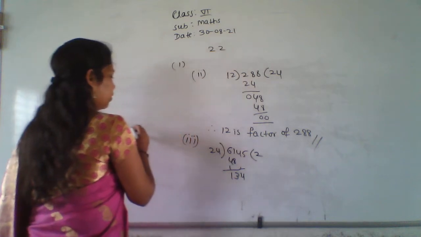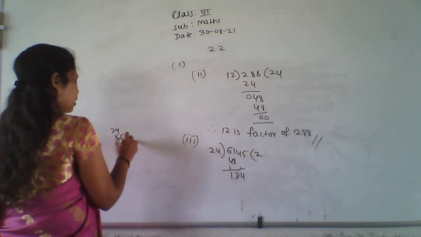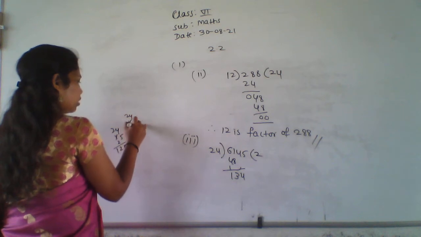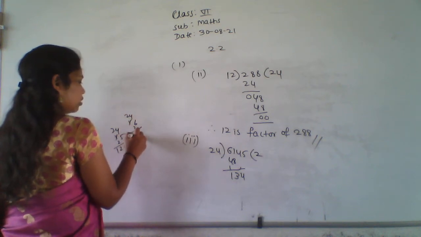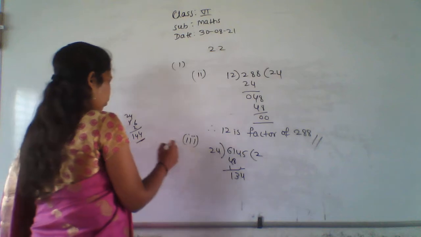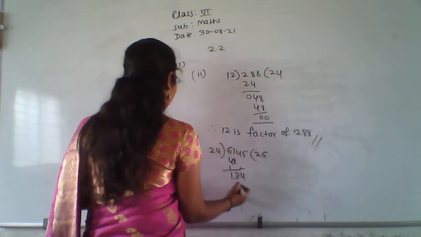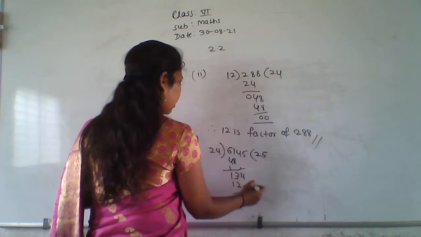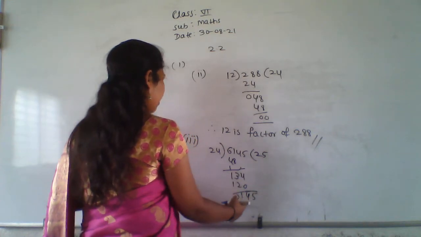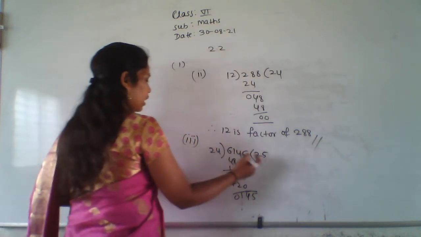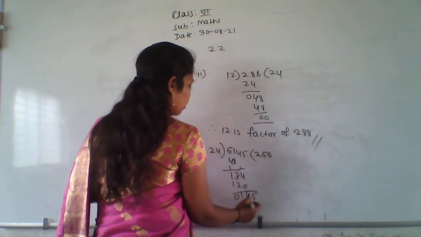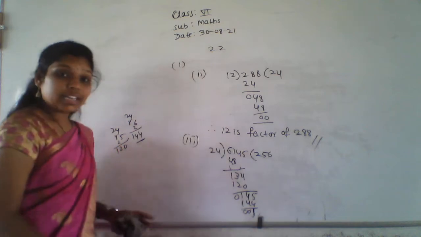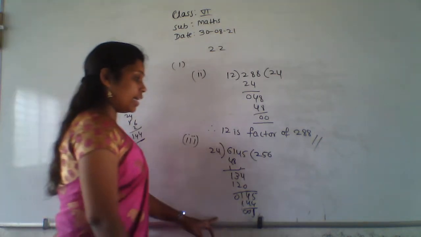Next 24 fives are, 24 sixes are, so it will be lengthy. So take fives only, that will be 120. Here 4, 1, 0. Next take 5 here. Again 145 means we can take 24 sixes, that is 144. So the remainder we got is 1, right? The remainder is 1 here.